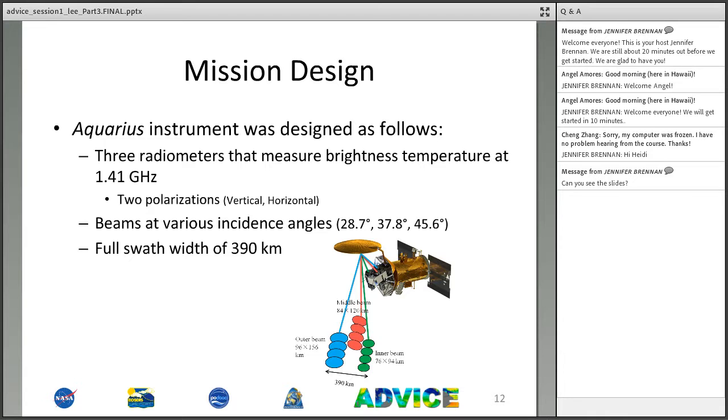The picture here in the lower right shows these 3 beams or horns of the radiometers with different incidence angles and different footprints that measure the brightness temperature. Together they form a swath width of about 390 kilometers, which is the width of that color swath that you saw in the earlier animations.